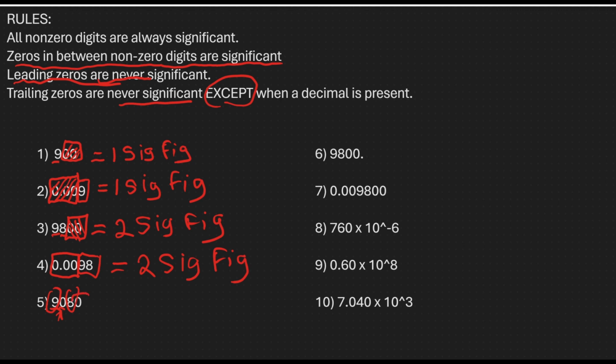And we also have one more 0 here, but this falls under the category of trailing zeros, and trailing zeros are never significant. So in this example, we know that the 9 is significant, the 0, and this 8. But this trailing 0 is not significant. Therefore, this example has 3 sig figs.